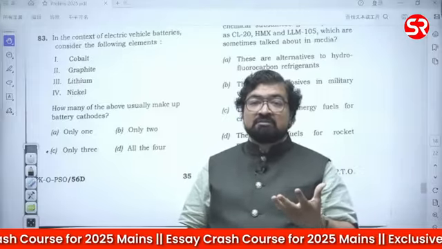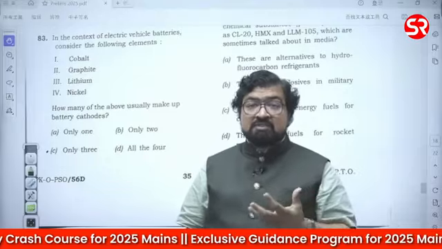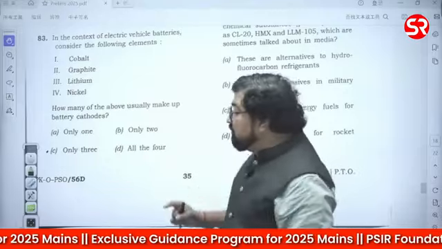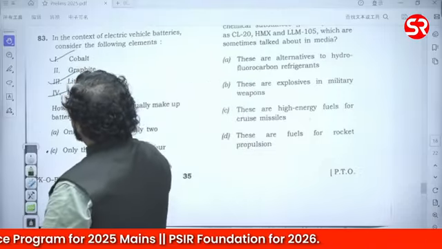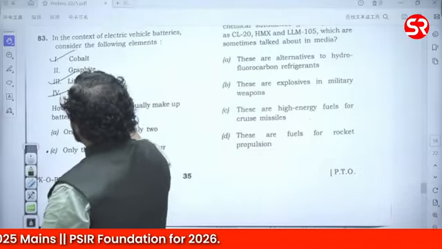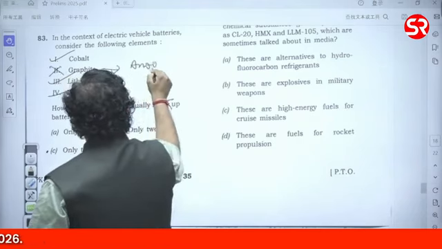And then facts, what type of materials, what type of elements and metals are used as cathode and anode. So if you look here, cobalt is used, lithium, nickel is used. They are used as cathode, but graphite is wrong. Graphite is used as an anode.